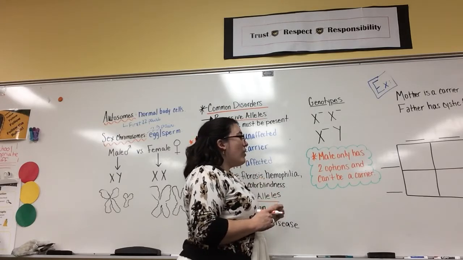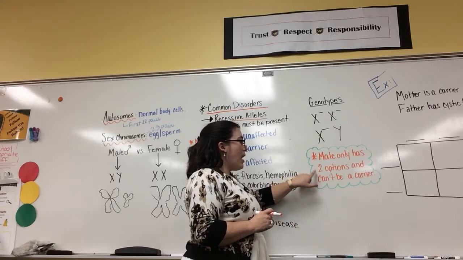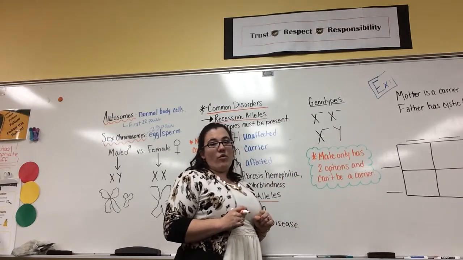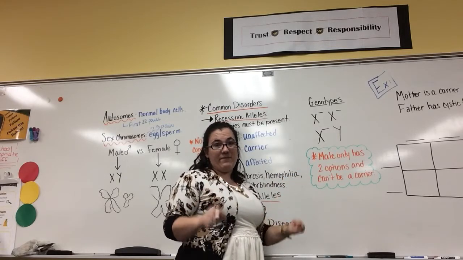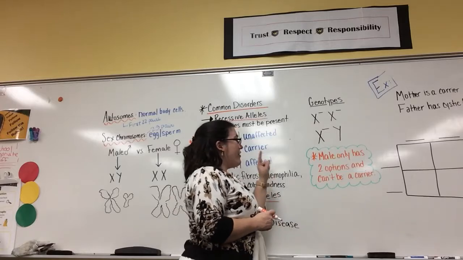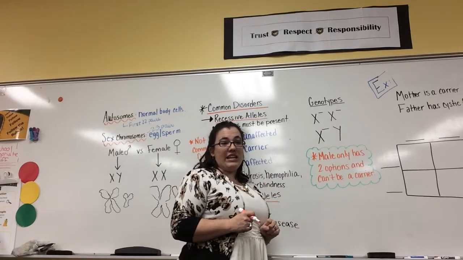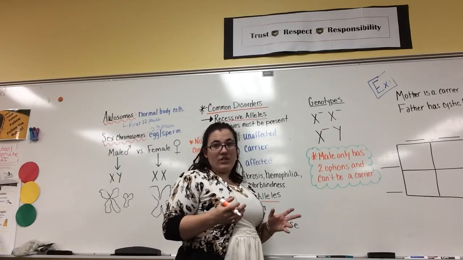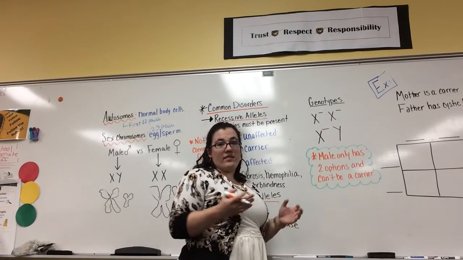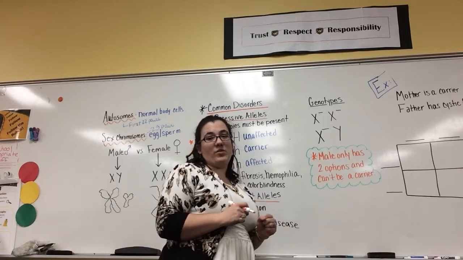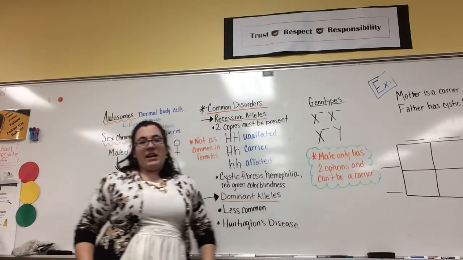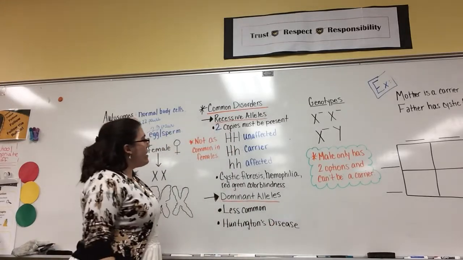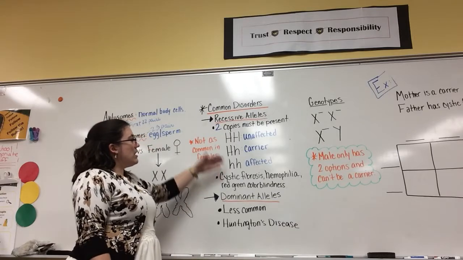Now for a male, he only has two options of what his genotype could be. He either is going to have the dominant allele and he would not be affected by the disorder if it was a recessive disorder, or he has the recessive allele and he has the disorder. So he doesn't have as many options as the female. The female has three options.